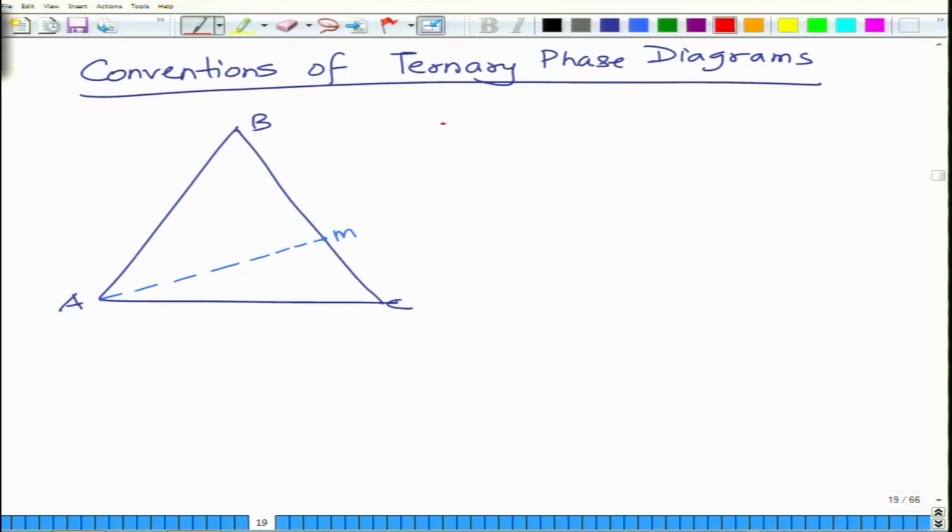So the first convention that we define is, for this line AM, for any alloy that falls on this line, okay, as you move away from A, of course the A content increases.